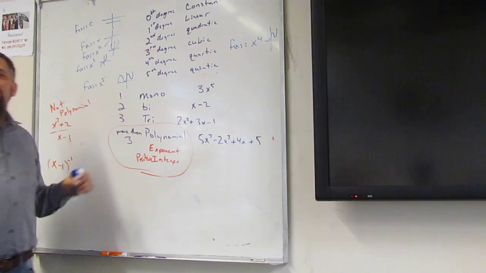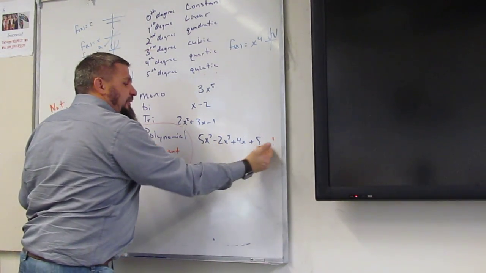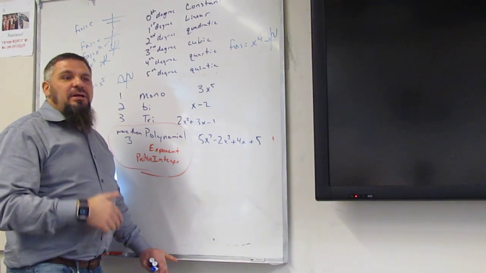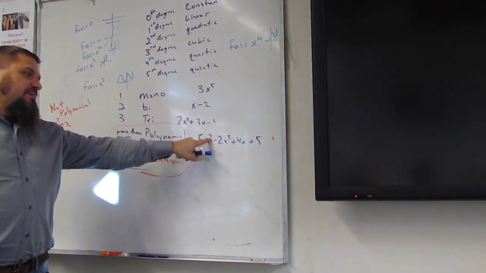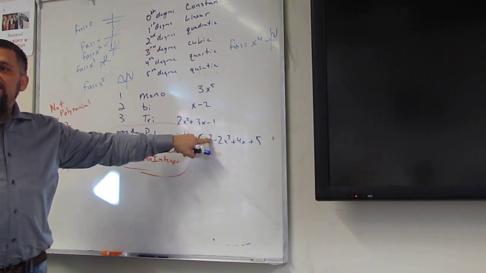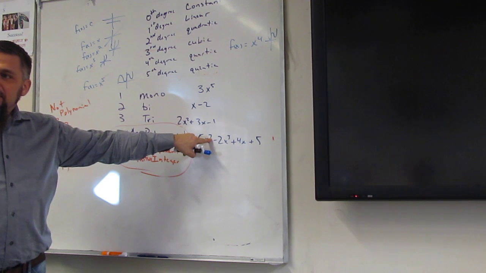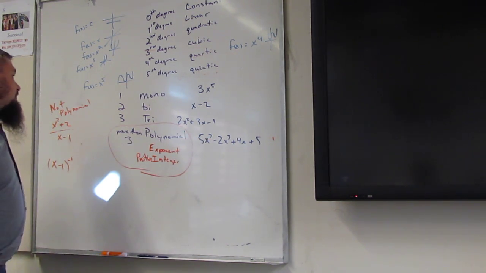This is many terms, more than 3. So this is 4 terms, so that's more than 3. So that's a polynomial. It's what we call a 7th degree, because the highest degree is 7. A 7th degree polynomial.